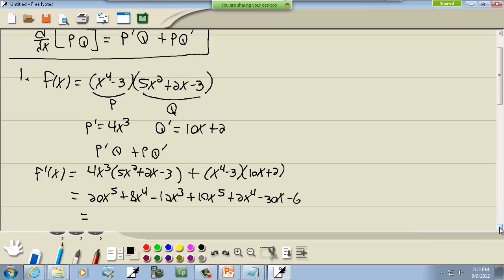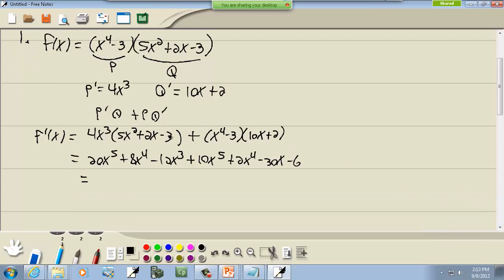Now, oftentimes, simplifying means factoring out what they have in common. But these don't have anything in common, so there's nothing to factor out. So about the only thing you can do is get rid of parentheses and combine like terms. We have 20x to the fifth plus 10x to the fifth, which gives us 30x to the fifth.